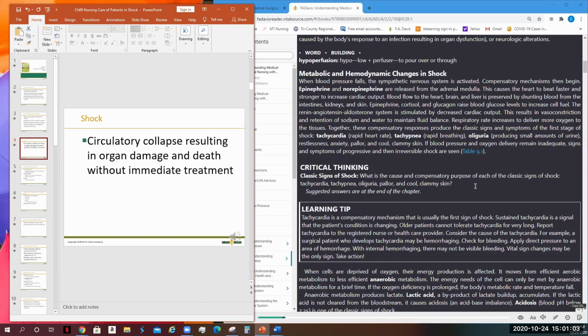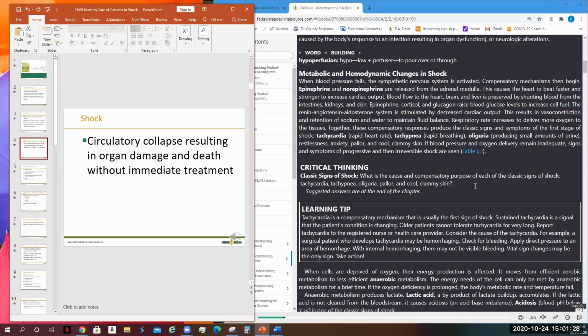Metabolic and hemodynamic changes in shock. When blood pressure falls, the sympathetic nervous system is activated. Compensatory mechanisms then begin. Epinephrine and norepinephrine are released from the adrenal medulla. This causes the heart to beat faster and stronger to increase cardiac output.